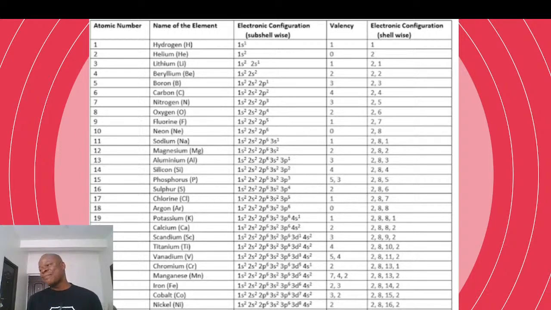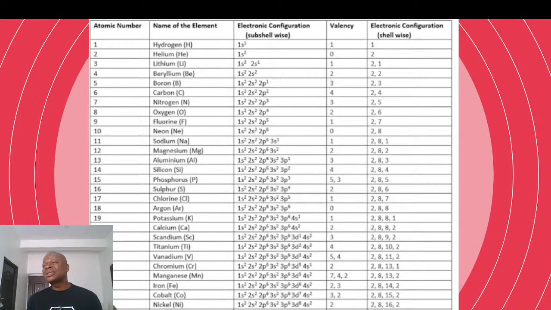Why I'm emphasizing the symbol, remember I said that even when you're trying to balance an equation, you may not get the full name of the element that is involved. You get them in symbol. So the symbol of magnesium is Mg. Anywhere you see Mg, know that we are talking about magnesium.